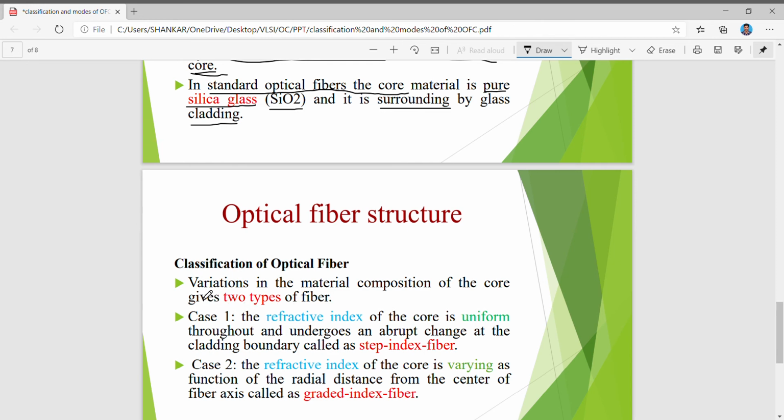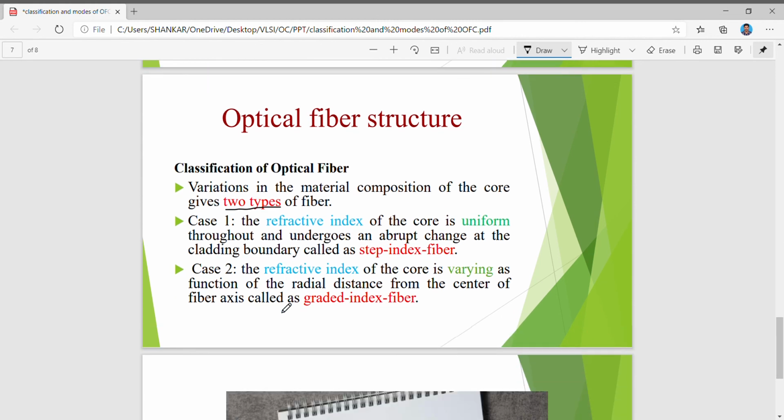See here, the variations in the material composition of the core give two types of fiber. Based upon the variations of the core material, there are two types of fibers. In case 1, suppose the refractive index of the core is uniform.